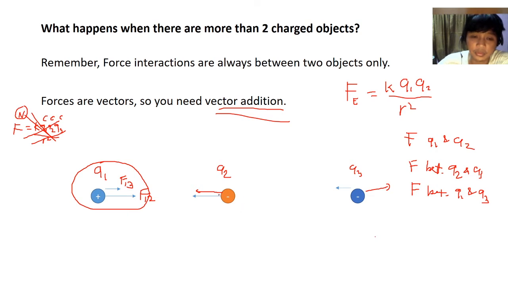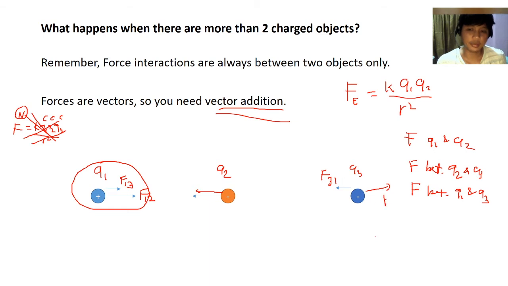Same as Q2. Q2 also has two forces acting on it, but both are pointing to the left. It is repelled by Q3 and it is attracted by Q1. And then you add that vectorially as well. And for Q3, it also has two forces. This smaller force is called F3,1.